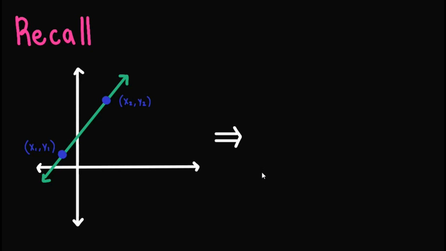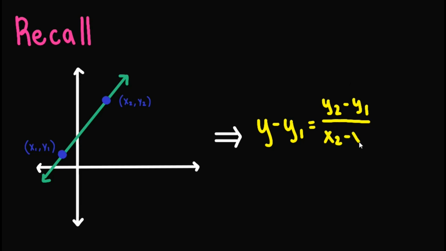So, take note that given 2 points, the equation of the line is y minus y sub 1 equals y sub 2 minus y sub 1 over x sub 2 minus x sub 1 times x minus x sub 1.